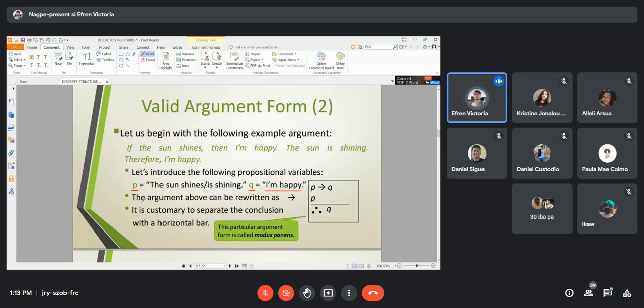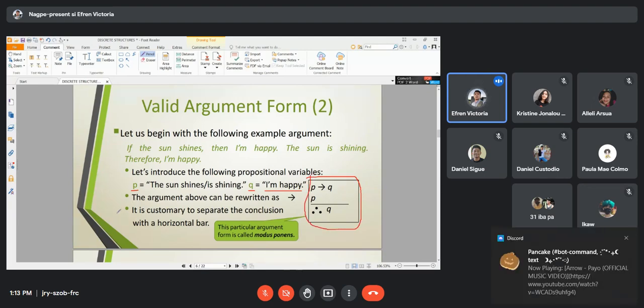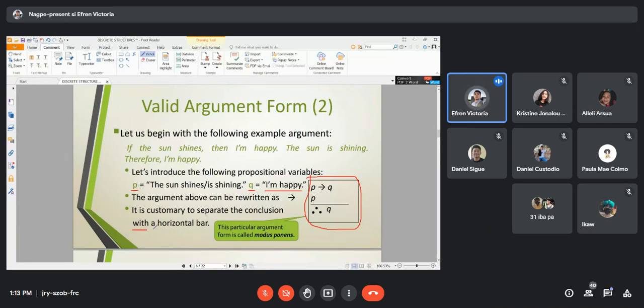The argument above can be written as the following form. So it is customary to separate the conclusion with a horizontal bar. So ito yung horizontal bar natin, ito yung conclusion. This particular argument form is called modus ponens.